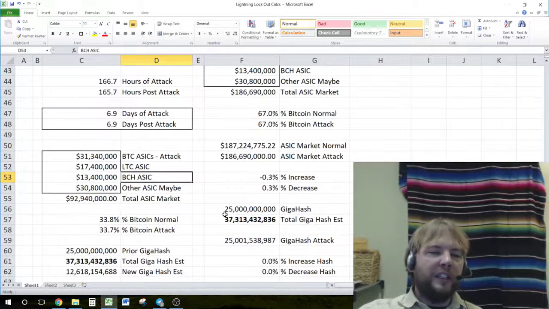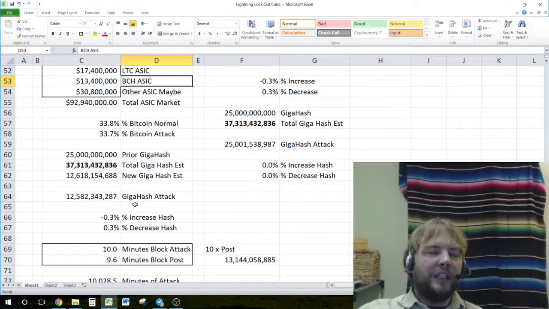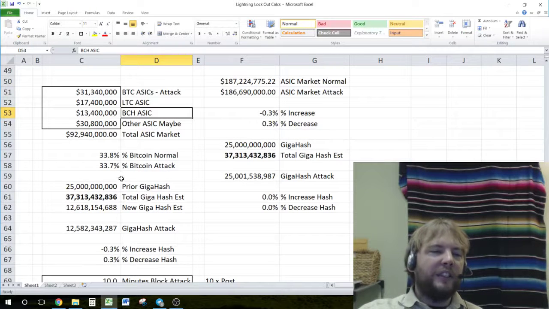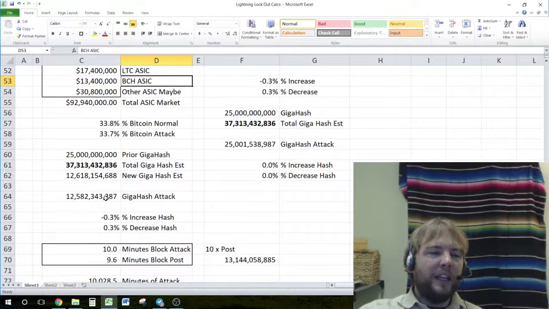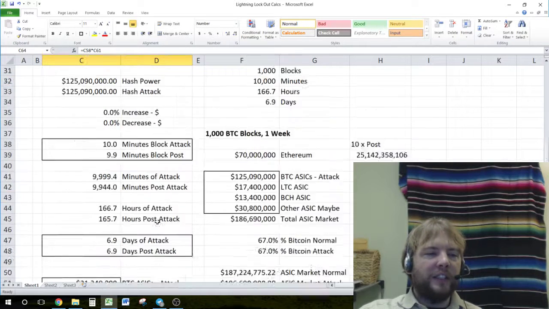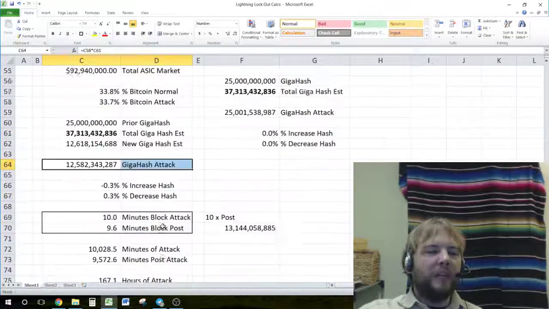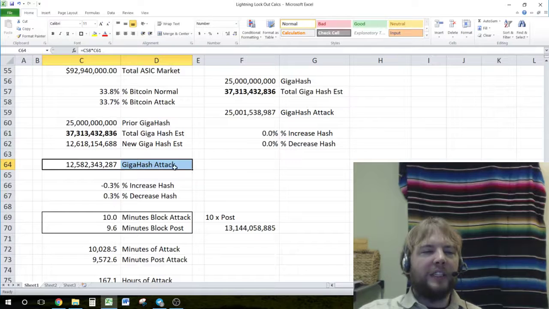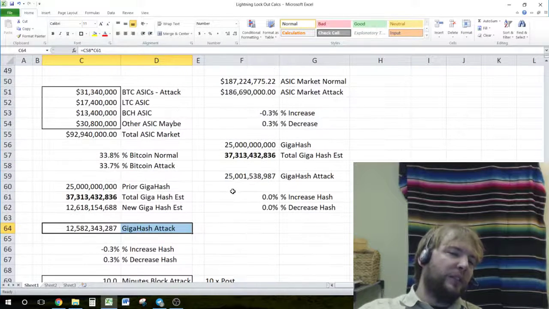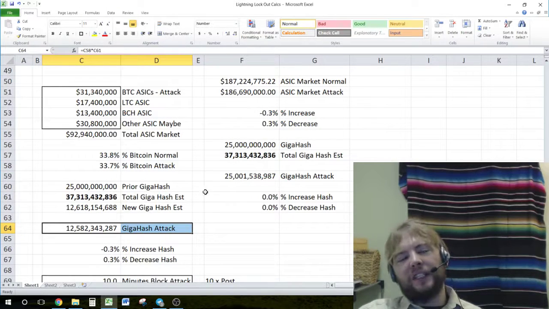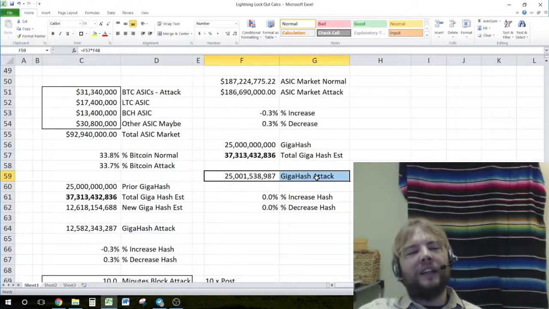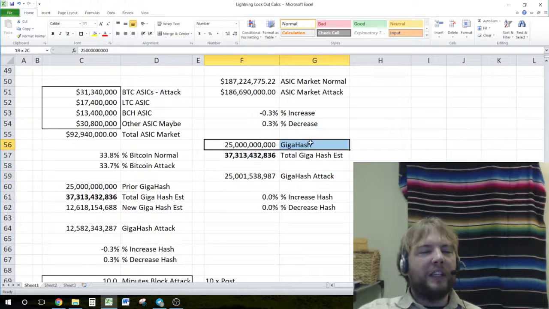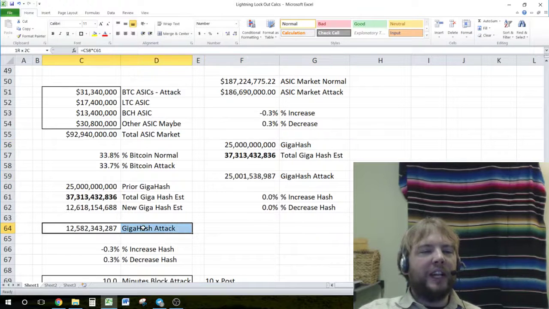So if we changed the Bitcoin payout, let's just say instantly, to 1% of the total payout, then our gigahash rate would go to 12.5 billion gigahash. And what's interesting about going to 12.5 billion gigahash is that that is still more than 50% of the current gigahash level we have now.